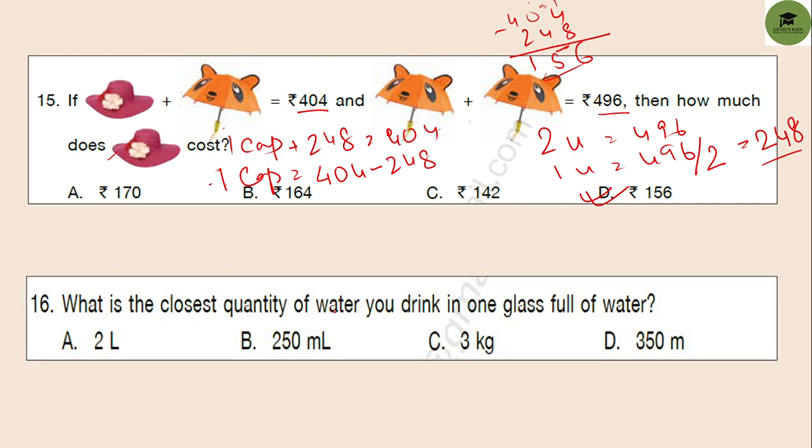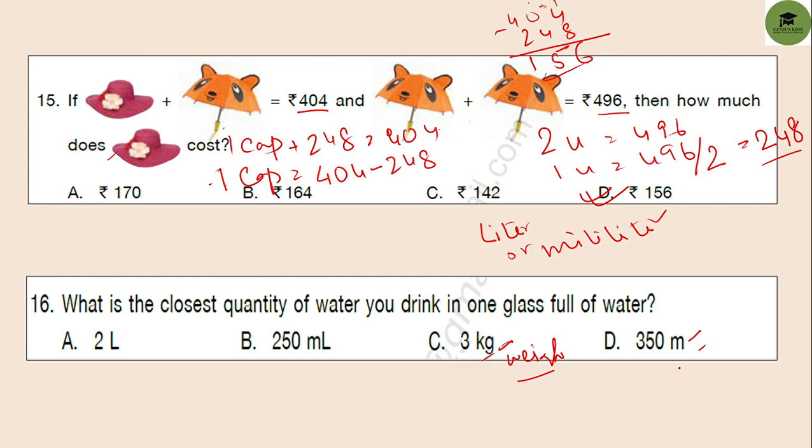What is the closest quantity of water you drink in one glass of full water? Okay, in one glass of water, water can be measured in liter or milliliter. If you see option C and D, it is meter and kg. Kg is the measure of weight.